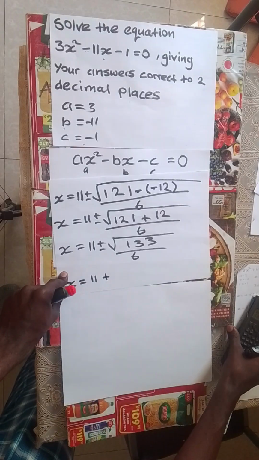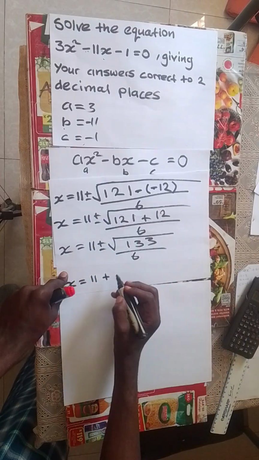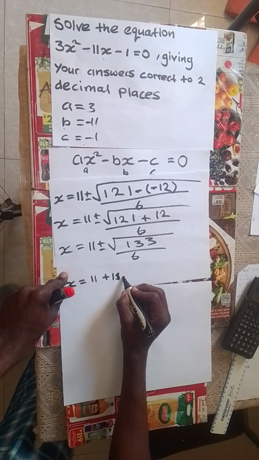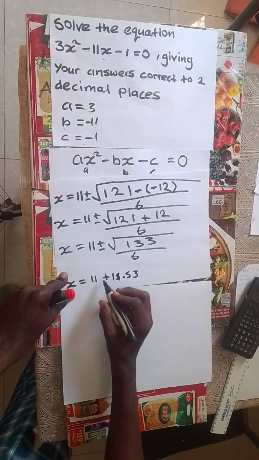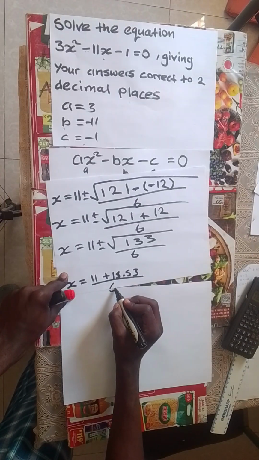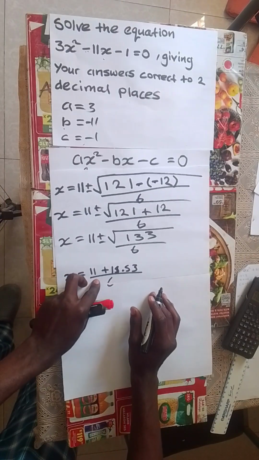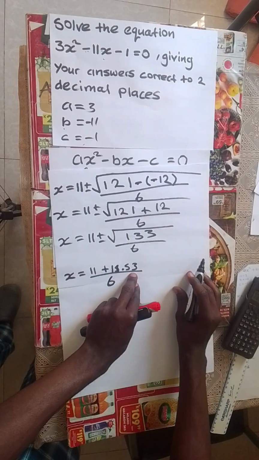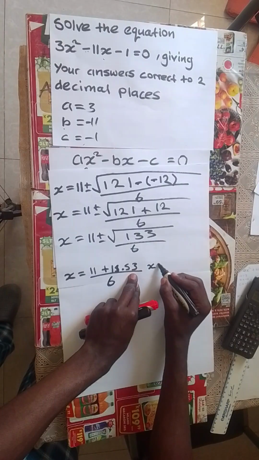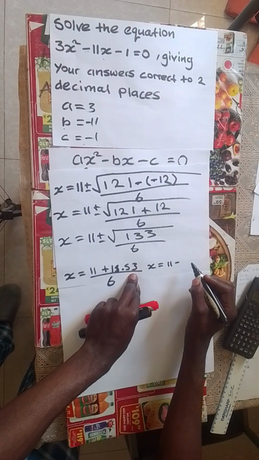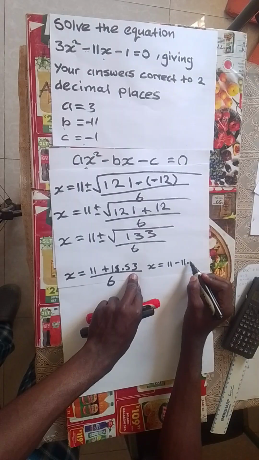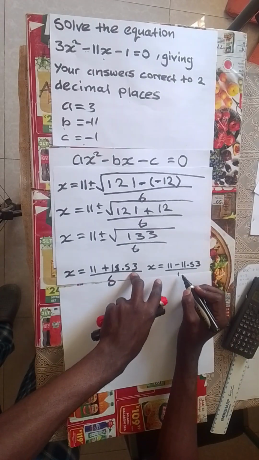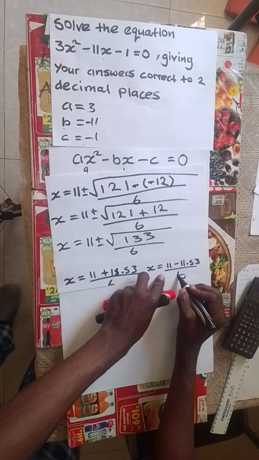So I'm going to say x is equal to 11 plus 11.53 over a 6. Same here, then here, x is equal to 11 minus 11.53 over a 6.